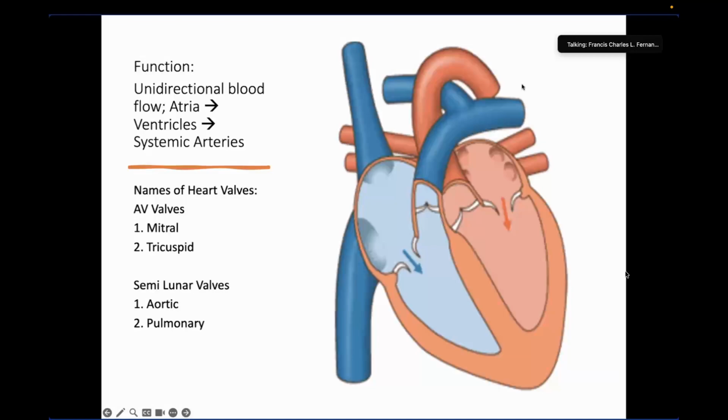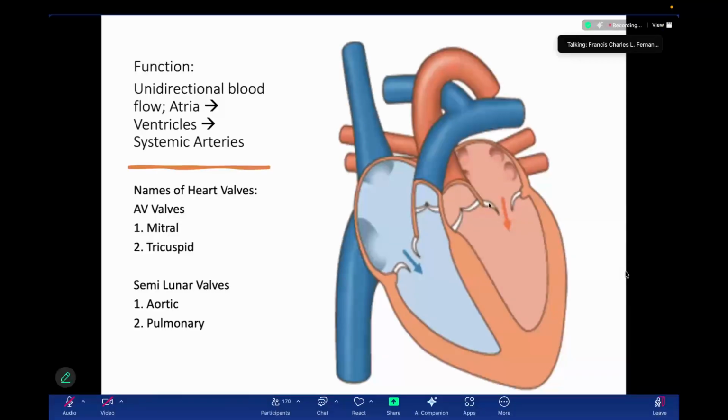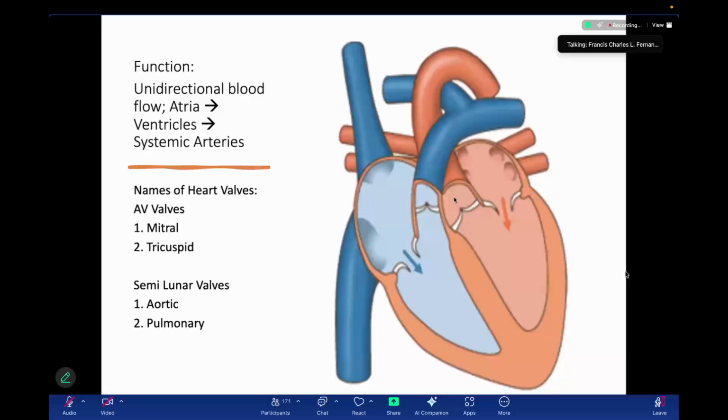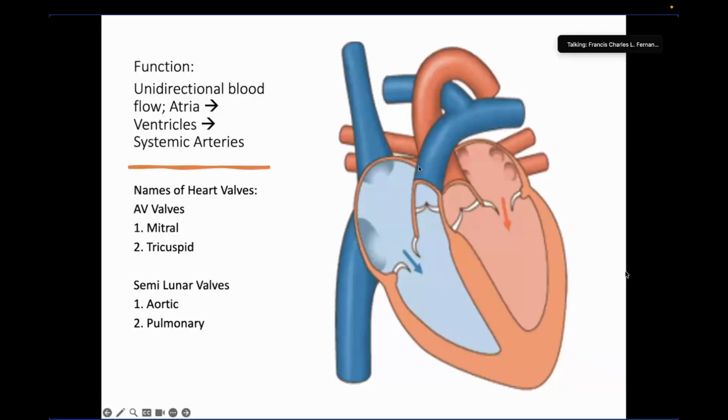When we have successful gas exchange, the blood returns to the heart via the pulmonary veins, which are paired on either side, left and right. It enters the left atrium, and then through the mitral valve, another AV valve, into the left ventricle, and then into the aorta through the aortic valve.